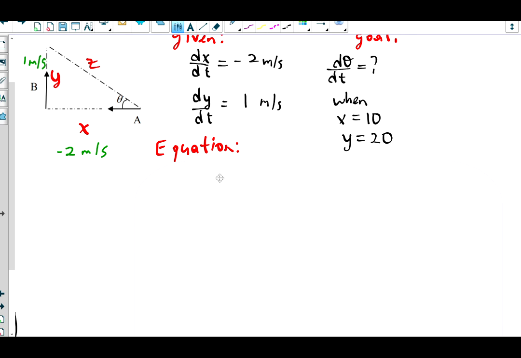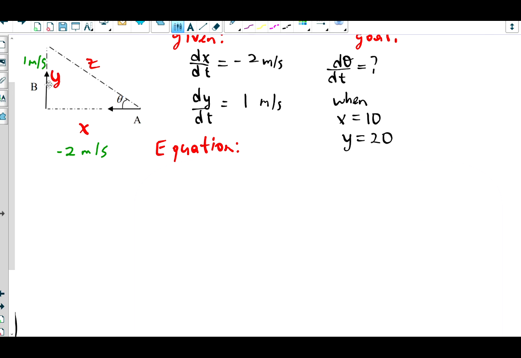To find that equation, we need something that has theta in it, right? Now notice here everything is changing, x, y, and z. Unlike our ladder problem where one side was constant and it was advantageous to use that side, here there is no constant side. Everything is changing. So you could use any one of the trig functions.